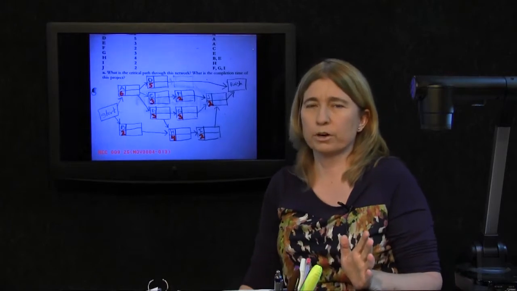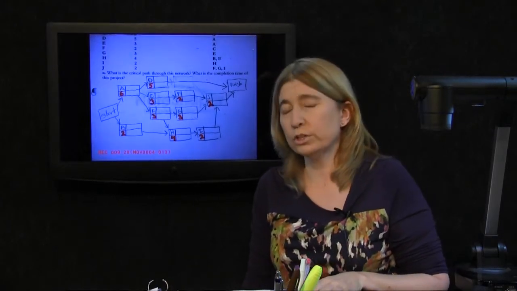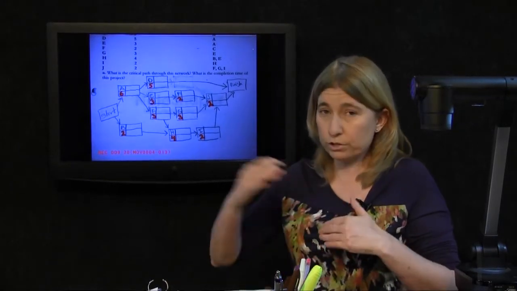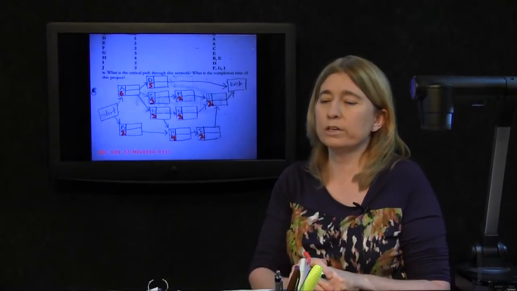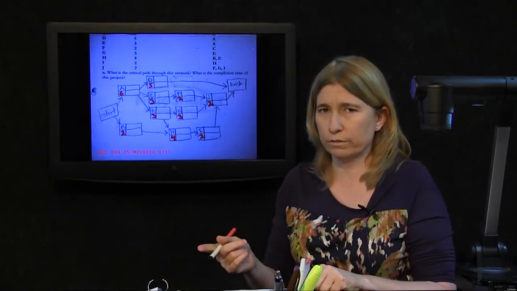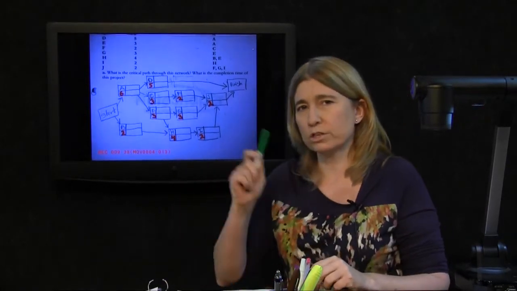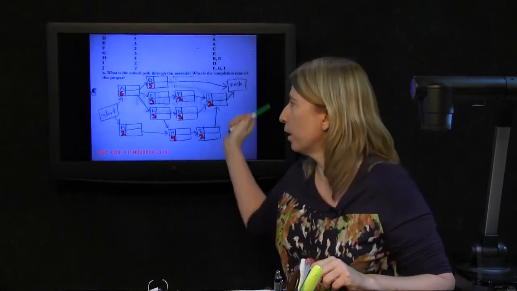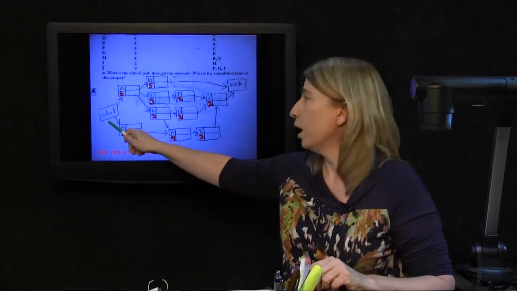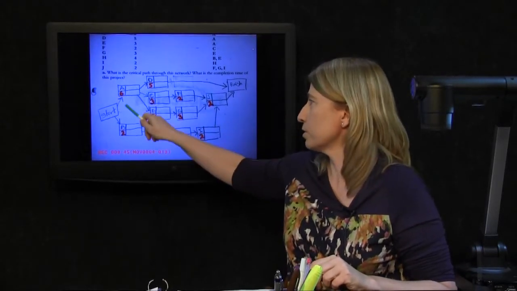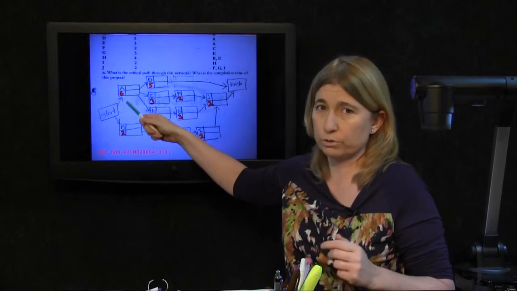Now it's time to do some calculations. To find the completion time and the first step in finding the critical path, we need to find the early start, early finish times of each one of these tasks. You find early start, early finish times by going to the starting node and finding all the tasks that are connected with the starting node, so to speak.